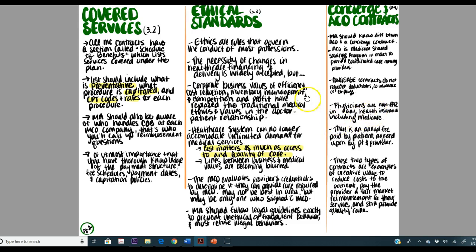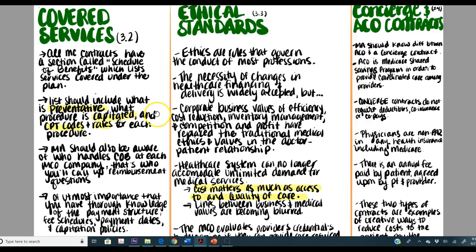So, the next part of the managed care contract, I'm going to blow this up here again, is the covered services. So all managed care contracts have a section called the schedule of benefits, like we were talking about, that lists all the services that are covered under the plan.